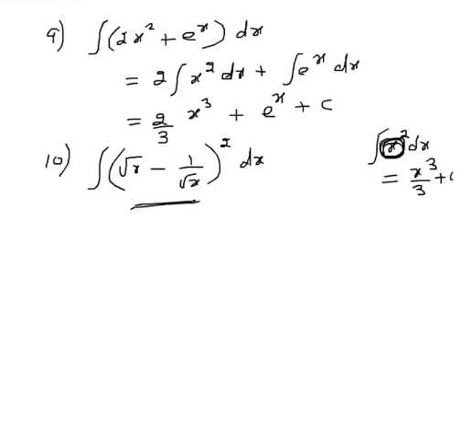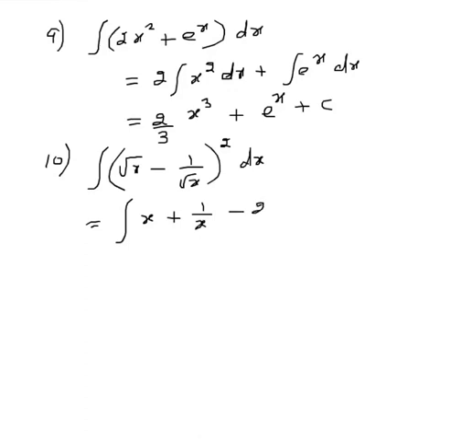This formula is applicable, but here inside the bracket we don't have a linear function, so I cannot use the x power n plus 1 by n plus 1 formula. Let me expand this. A square term plus b square term minus 2ab, root x and root x will get cancelled, so minus 2 times dx. Now we will integrate each term.